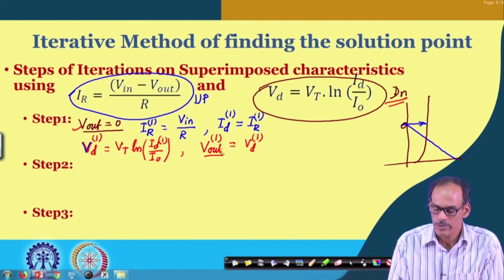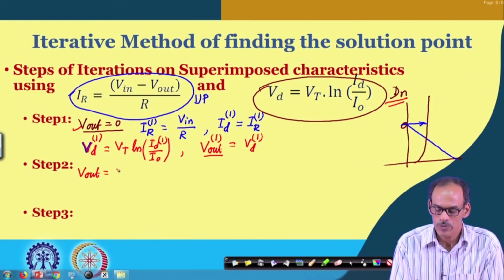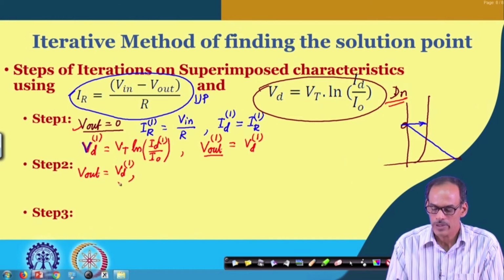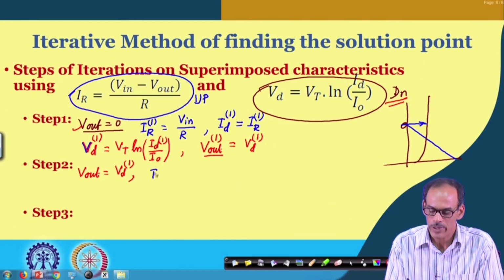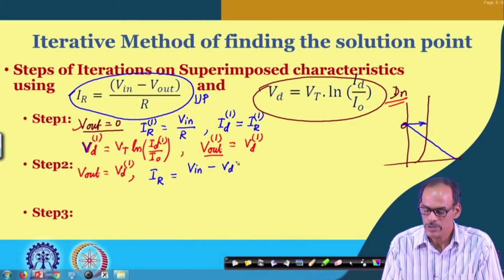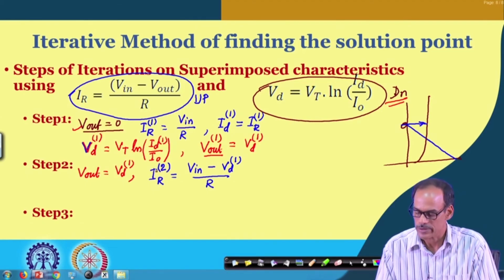In the next step, we will use this V out. So, we will be using V out equals V d 1 or V out 1, and using this pull up characteristic, we can get I r, this is updated 1, and now we will be using the non-zero value of V out called V d 1, and whatever value we get, we call it I r at the end of second iteration.